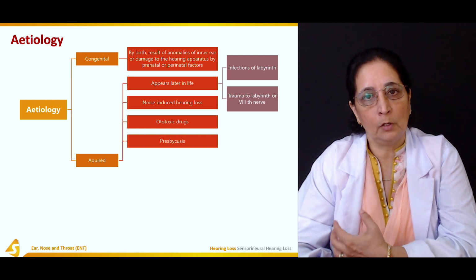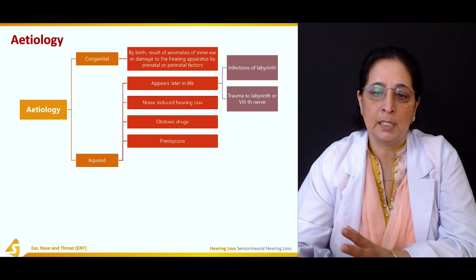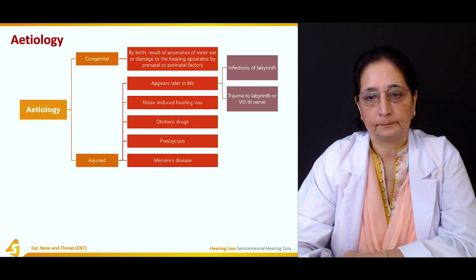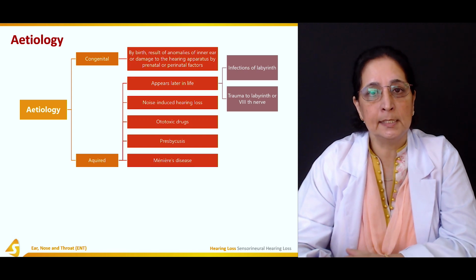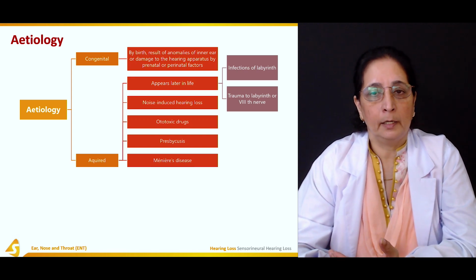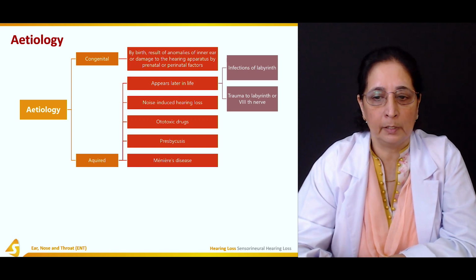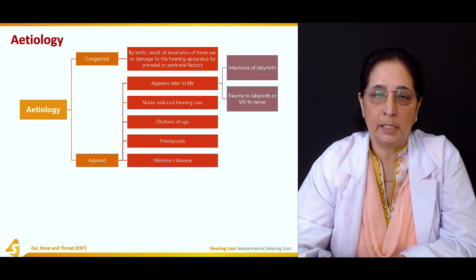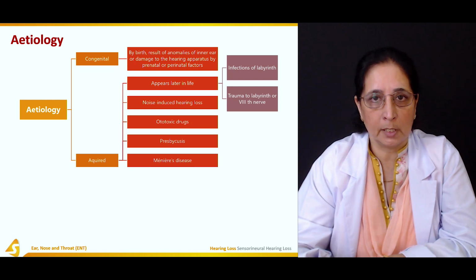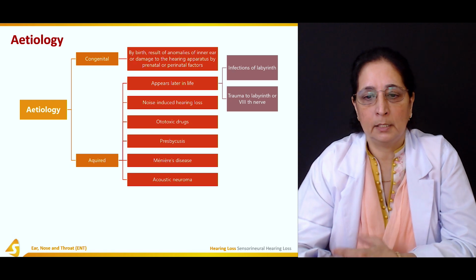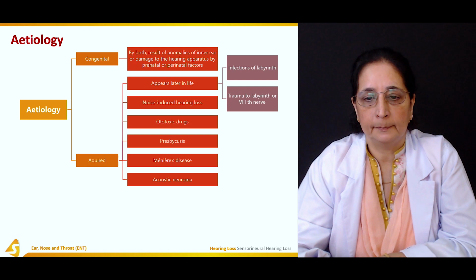We will talk later about presbycusis, which is hearing loss due to aging. Meniere's disease is another ear problem that can cause sensorineural hearing loss, associated with tinnitus and vertigo also. Acoustic neuroma is a tumor.